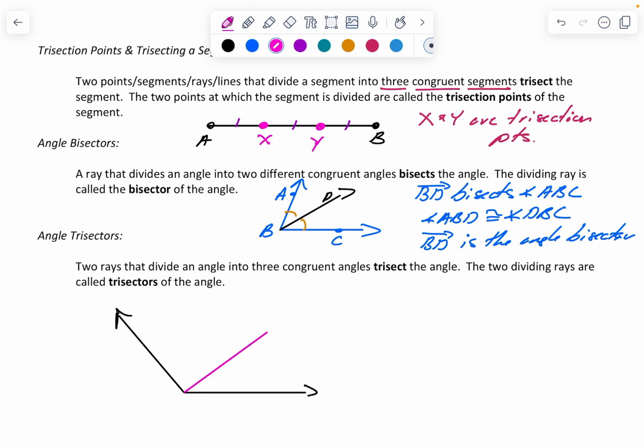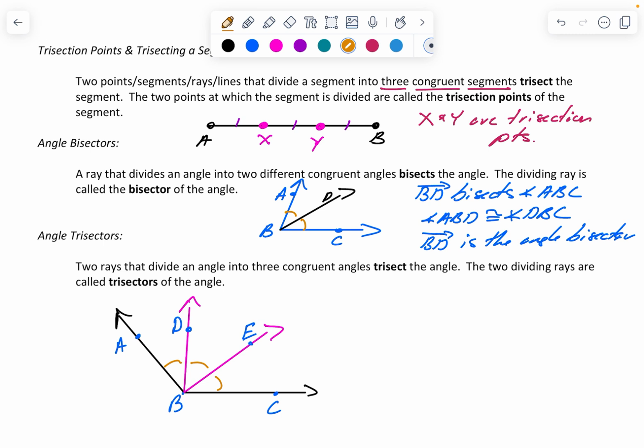This is a little bit harder to draw. Let's see if I can do it. That's not too bad. So let's put some points here. We'll call this A, B, C, D, and E. And this is so that we create three congruent angles.